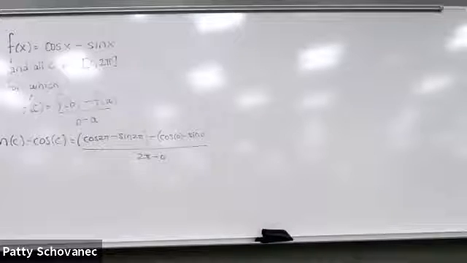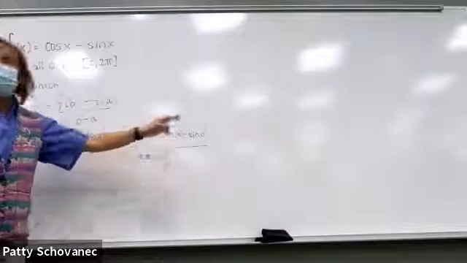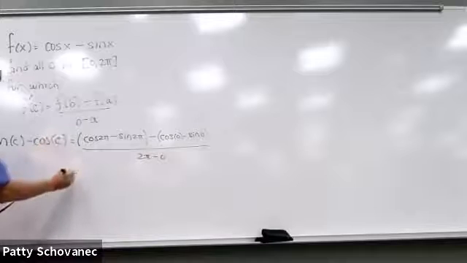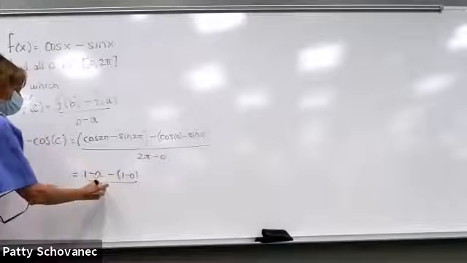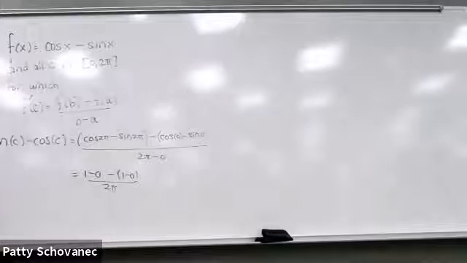But the sine of 2 pi and the sine of 0 are both 0. Cosine of 2 pi and the cosine of 0 are both 1. So I have 1 minus 0 minus 1 minus 0. So I get 0 on top, right?